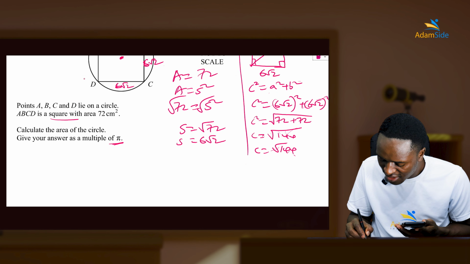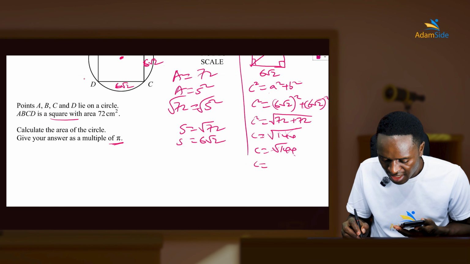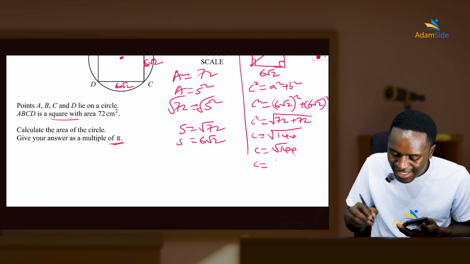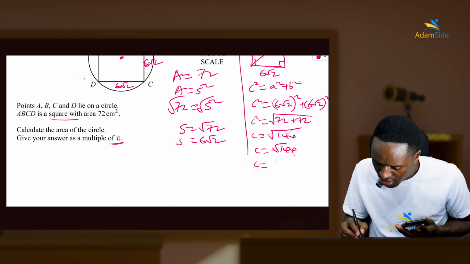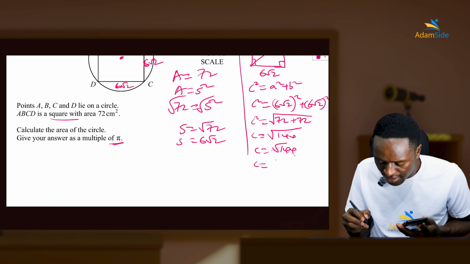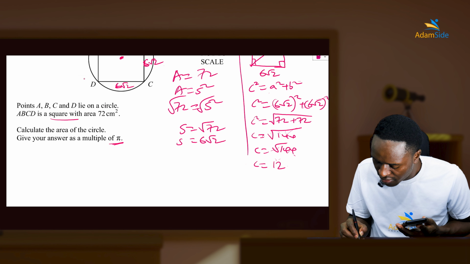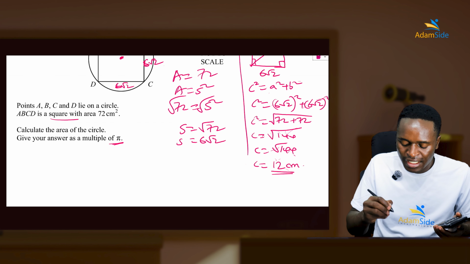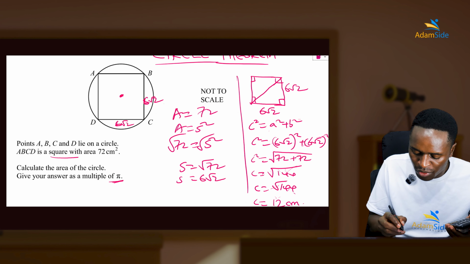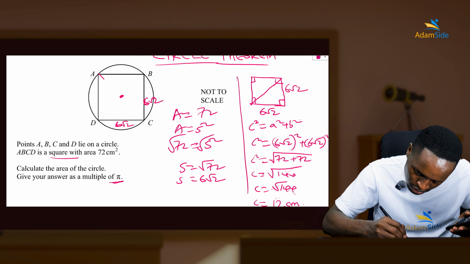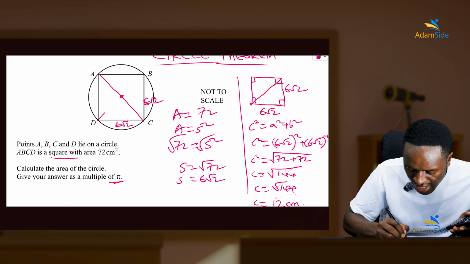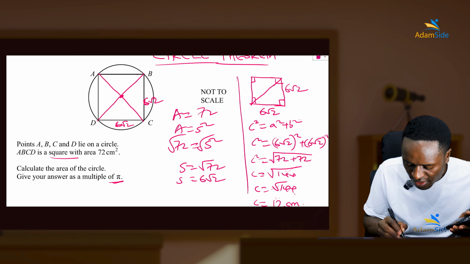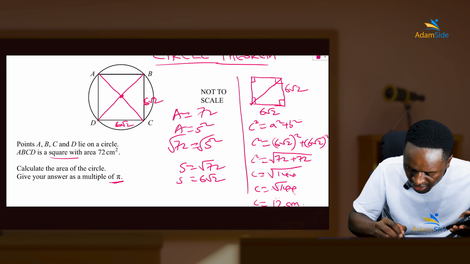So C, which is the hypotenuse, is the same as the diameter of the circle. So that will be AC. That will be 12 centimeters. So we now understand that our diameter is 12 centimeters, because what we're talking about is either this diagonal or this diagonal. So both of them work. We have 6 root 2, 6 root 2, and they're all meeting at the center.